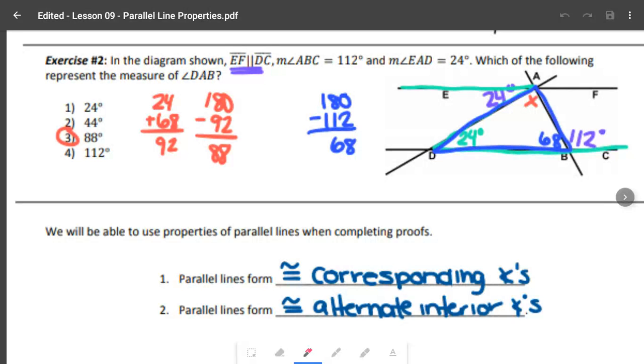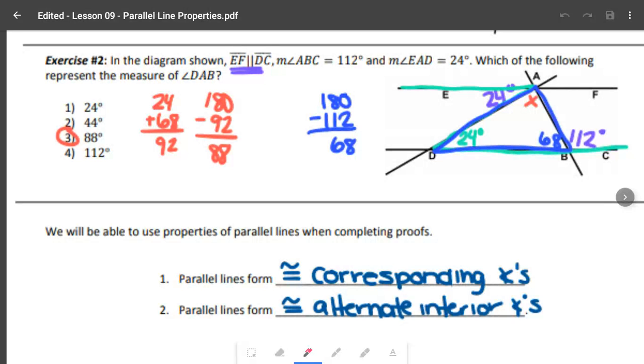And from there, I highlighted this blue triangle. We know triangles also equal 180, so we were able to add 68 plus 24 and then subtract it from 180 degrees to know 88 degrees was that X, which is the angle DAB we were looking for.